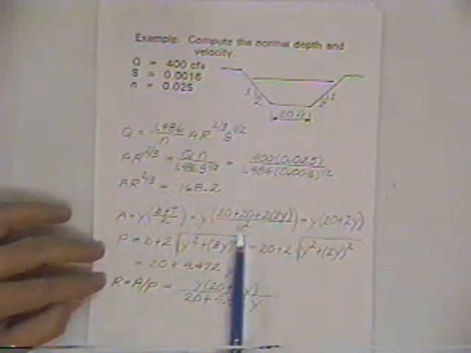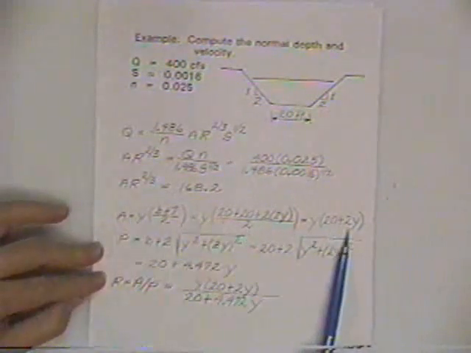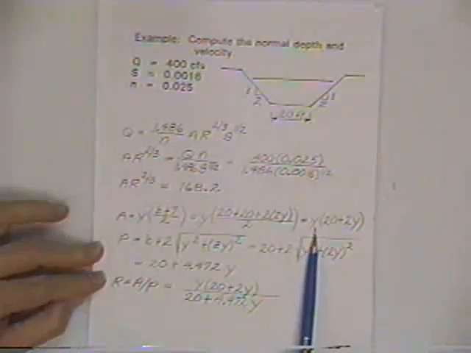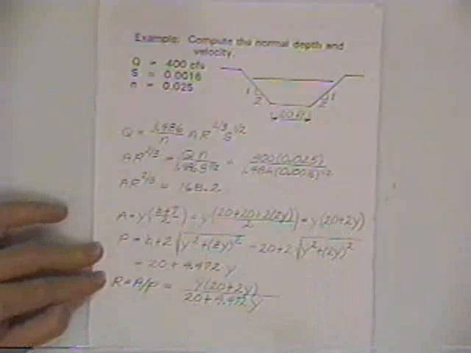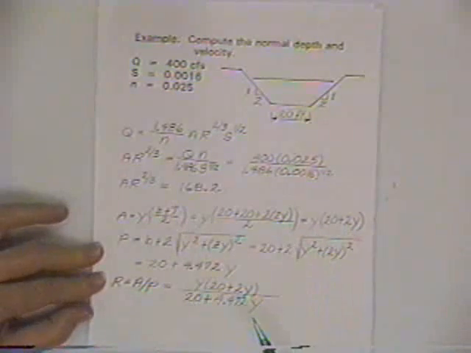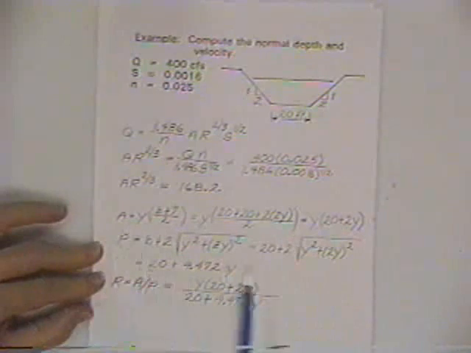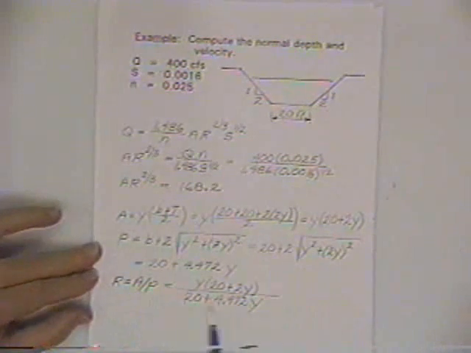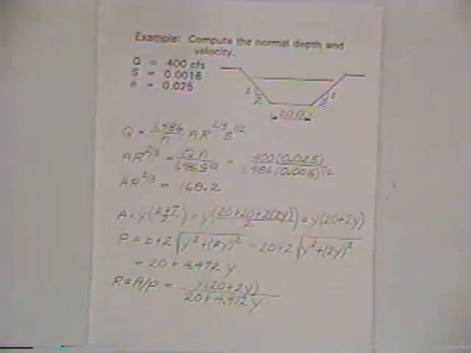And now we've got to express A as a function of depth, which we can do just from the geometry of a trapezoid, doing the same thing that we just went through on the previous example. We expressed area as a function of depth. We expressed the wetted perimeter as a function of depth. Hydraulic radius is area divided by the wetted perimeter, all expressed as a function of the depth.